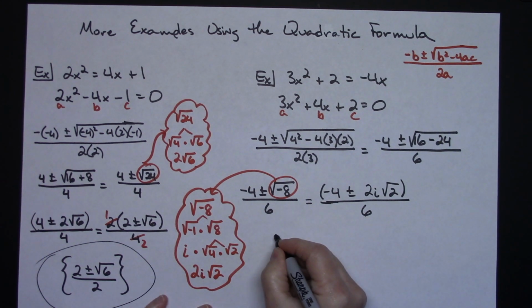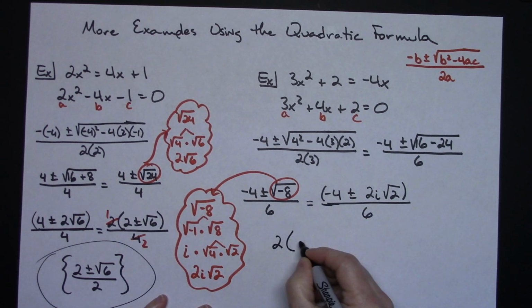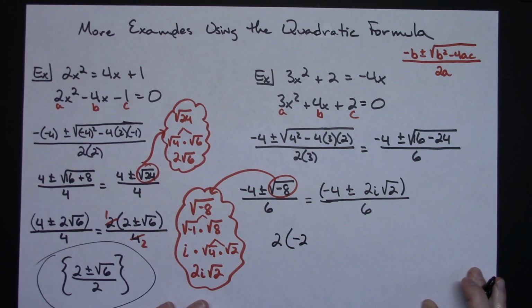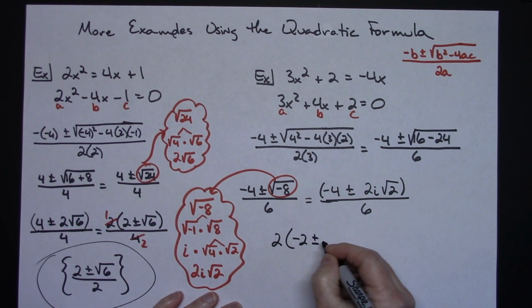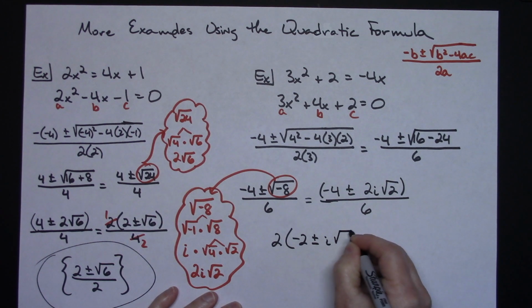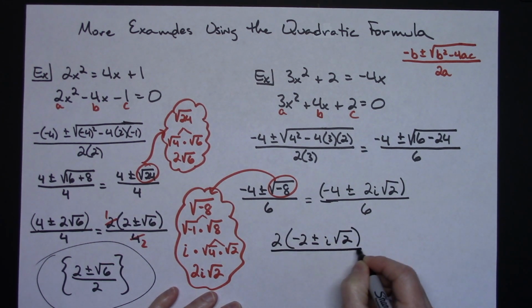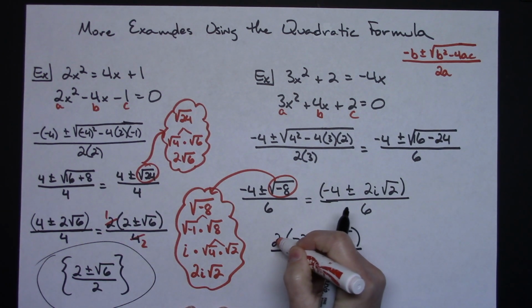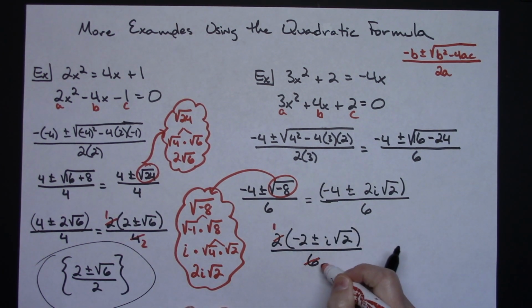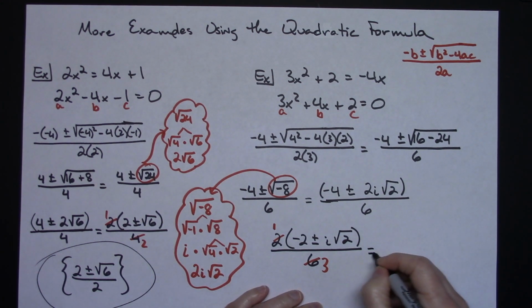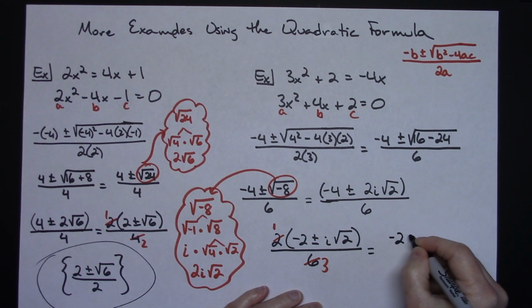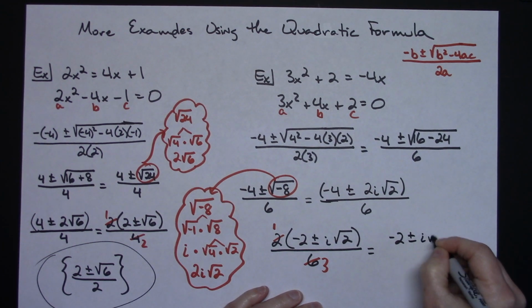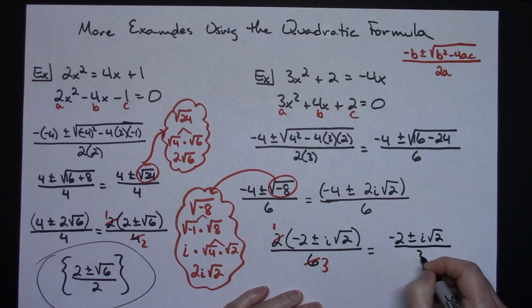So if I pull a 2 out, that's going to leave me with a negative 2 there, and then the plus or minus, and then an i square root of 2, and then all over a 6. So now, legally, I can cross things out. 2 goes into 2 one time, 2 goes into 6 3 times. So that's going to leave me with a final answer of negative 2 plus or minus i square root of 2 all over 3.